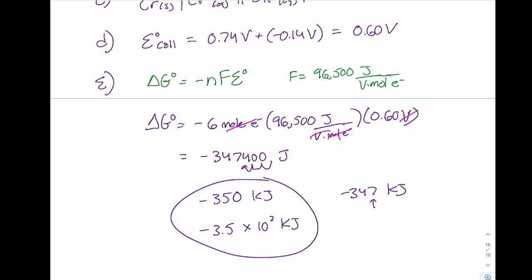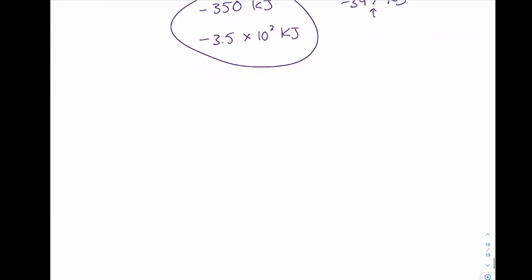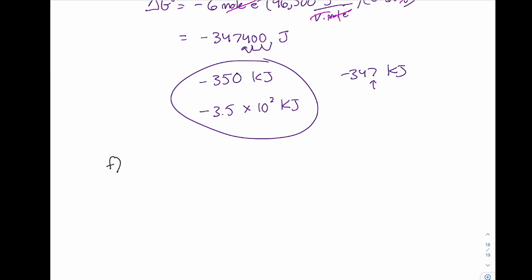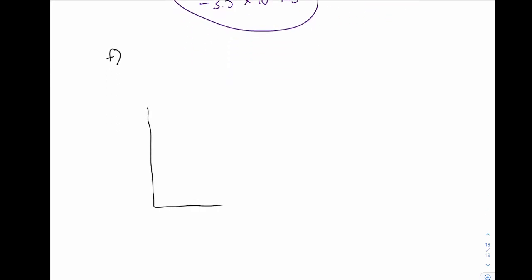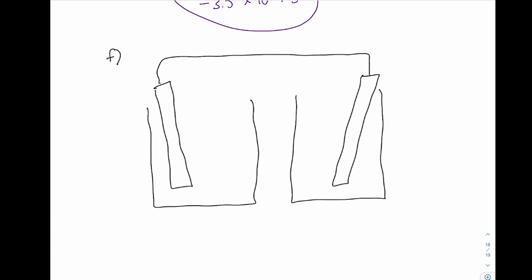So one more part, and that's drawing our galvanic cell. So this is part F. So we're going to have our 2 half cells. I'm going to have my electrodes in here. They're getting kind of messy. We're going to connect them with our wire.